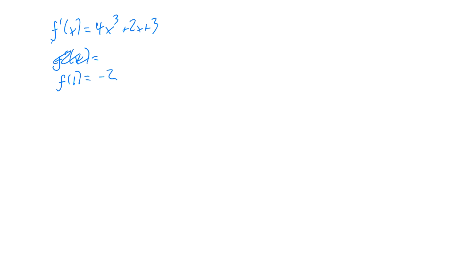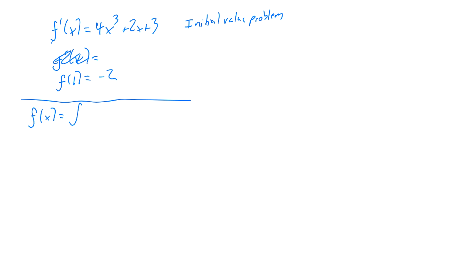Okay, so in the book, this is corresponding, I think, yes, to section 4.1. This is called an initial value problem. So you begin by finding an antiderivative of F prime. So the function we're looking for is going to be one of the antiderivatives of F prime of x.